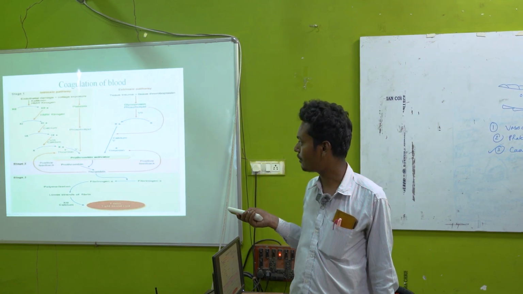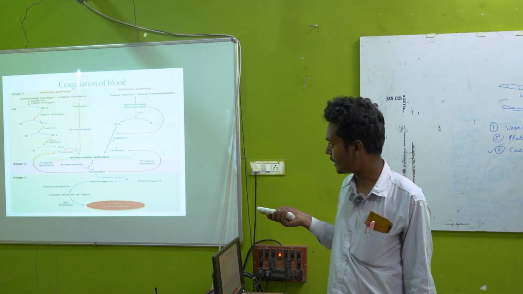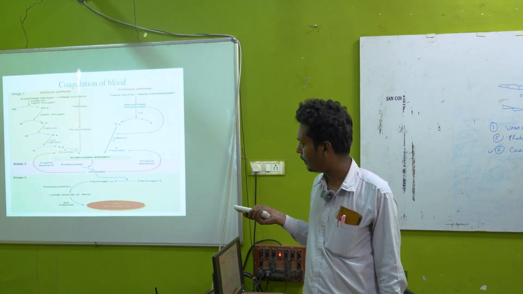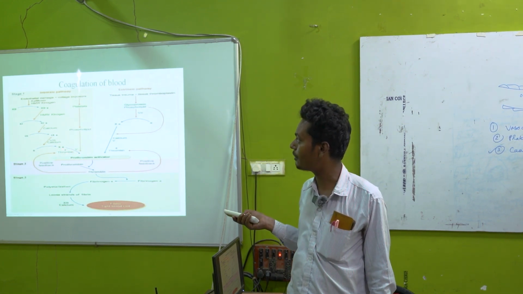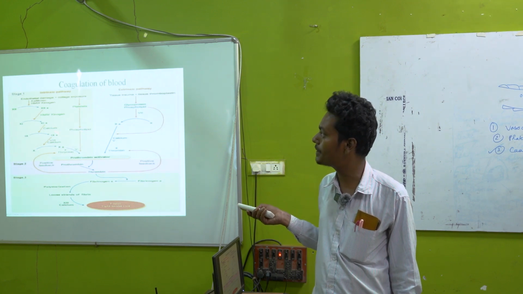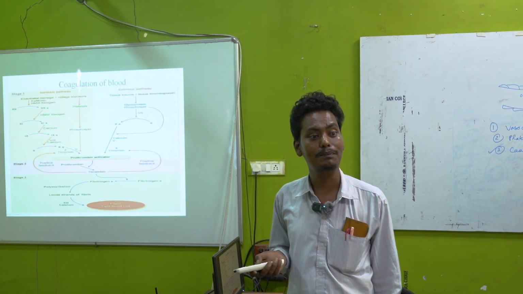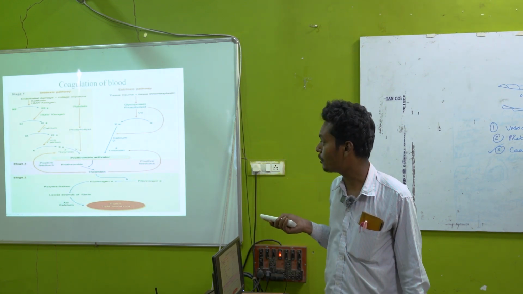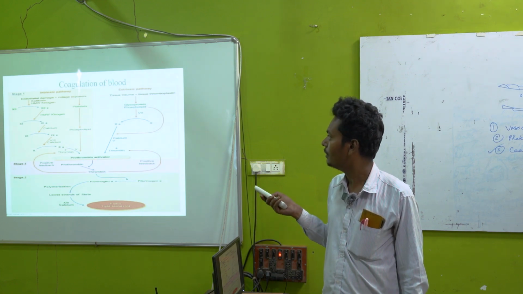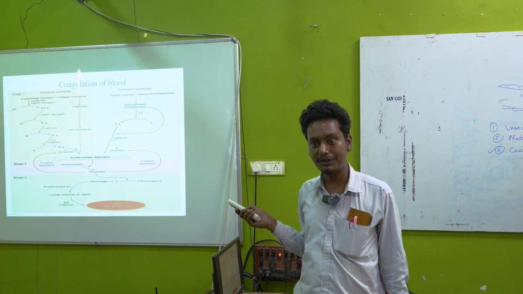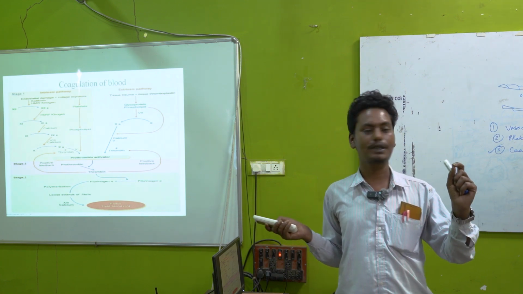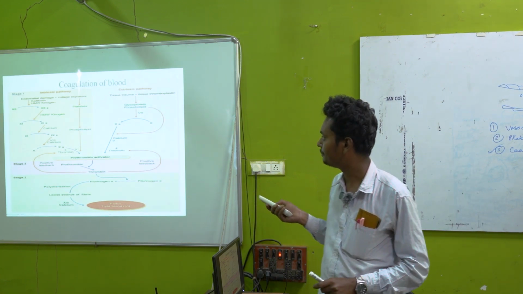This activated factor 10 produces prothrombin activator with the help of factor 8 and phospholipid, which is secreted from the activated platelet. On the other hand, in the case of the extrinsic pathway, the damaged tissue initiates the process of blood coagulation.